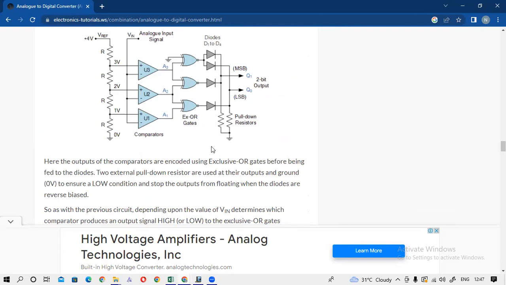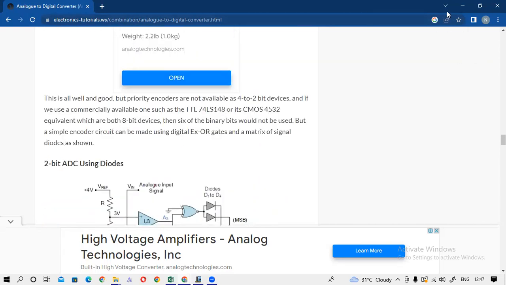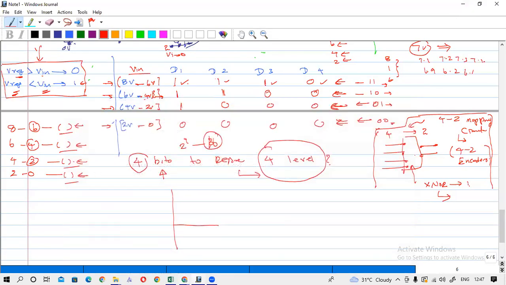So we are not going to focus on this implementation, but it is a very simple implementation. You can use the truth table, and you can construct the circuit.